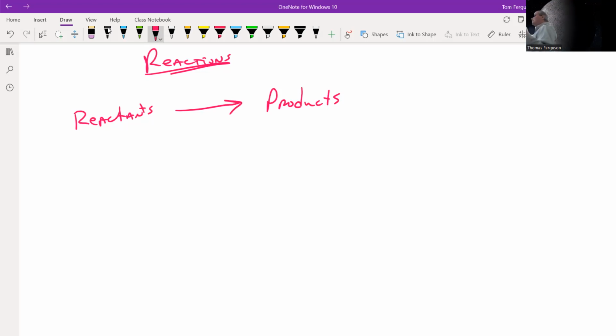You start with reactants, things happen, you end up with product. In this class, we're going to have one more additional thing, and that's called conditions. Always 3 parts. The conditions change, the reaction may or may not go.